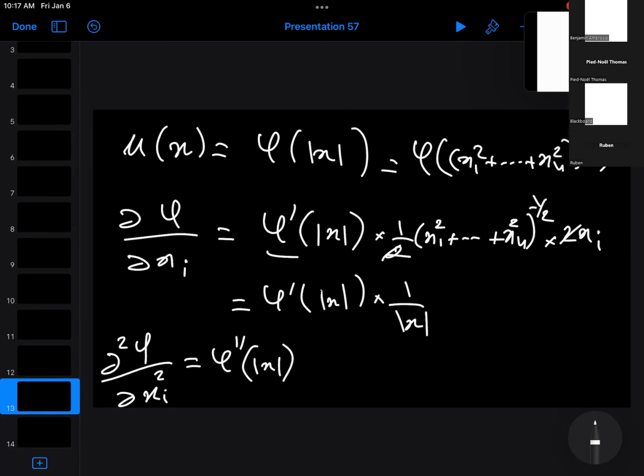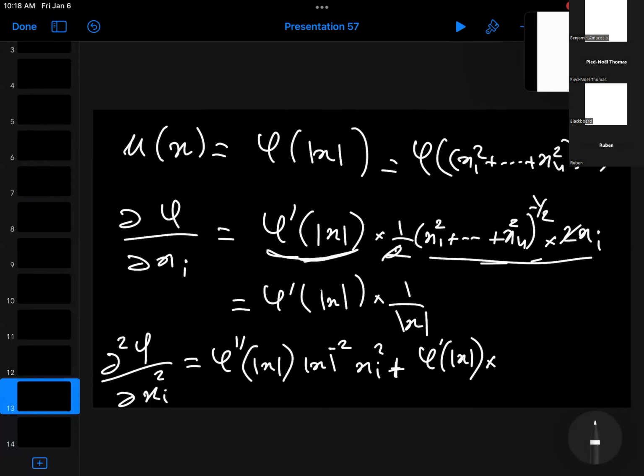So I derive this term times this one, I get that, plus phi prime of the norm of x times, and then I have to derive this one.